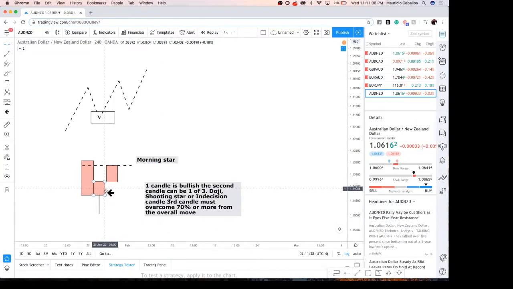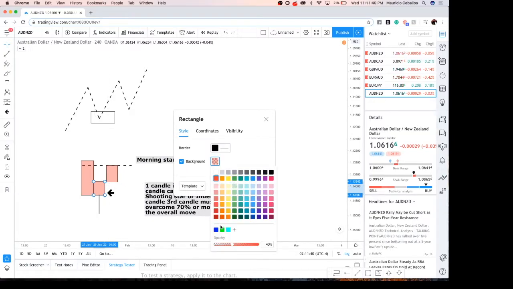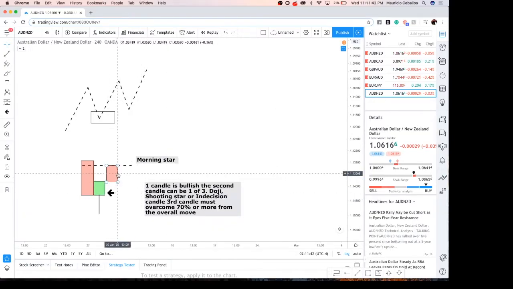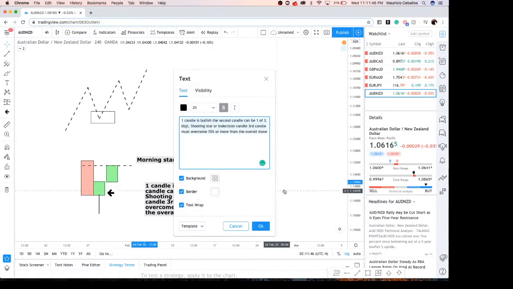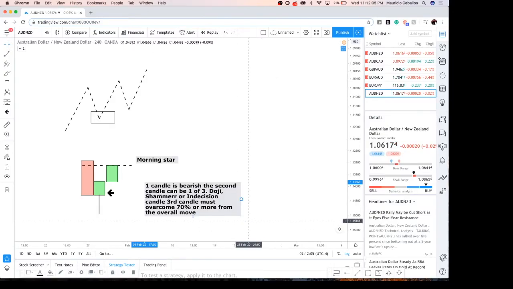The second candle can be a hammer, doji, or indecision, and the third candle must overcome 70% or more. So again, the first candle is our bearish candle. The second can be one of three: doji, hammer, or indecision candle.